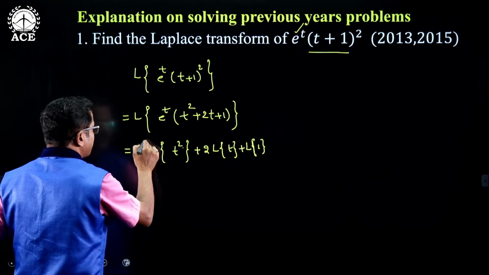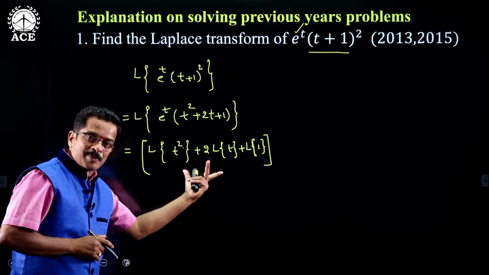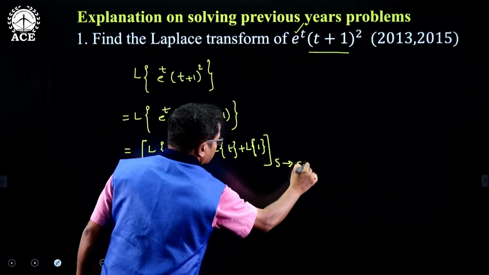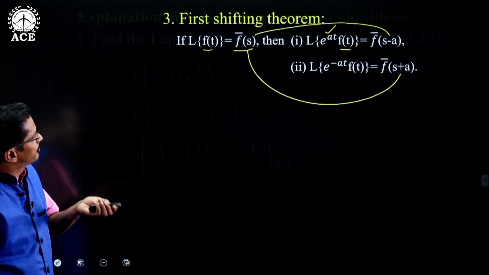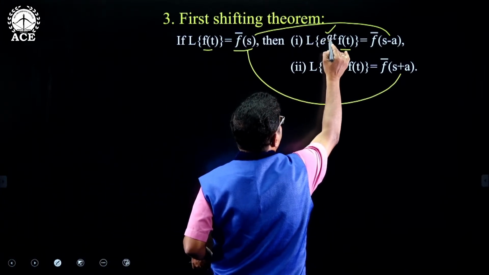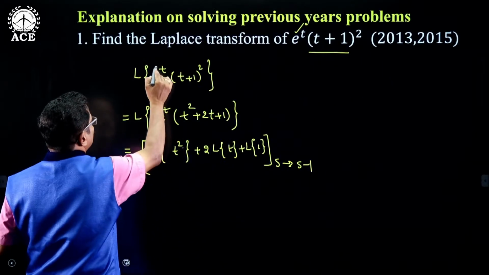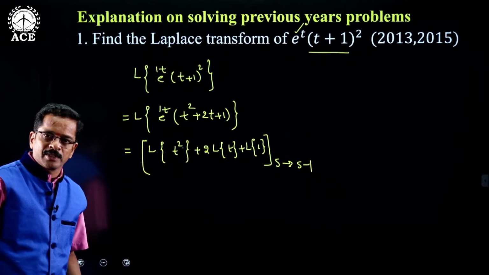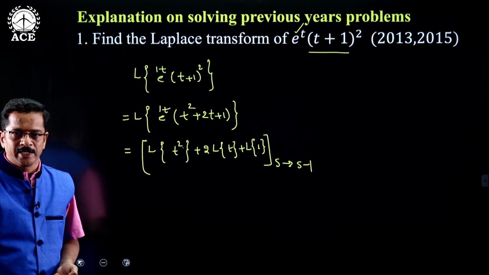So by the first shifting theorem, these Laplace transform functions are transformed to s minus 1. Why s minus 1? You see, in the previous formula we had s minus a, and in the place of a we have 1. Nothing is there means 1, no? So in the Laplace transform function, that is f bar of s, s is shifted to s minus 1.